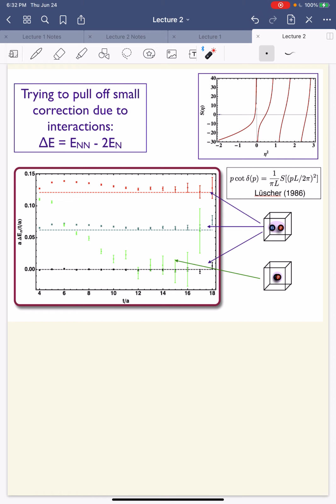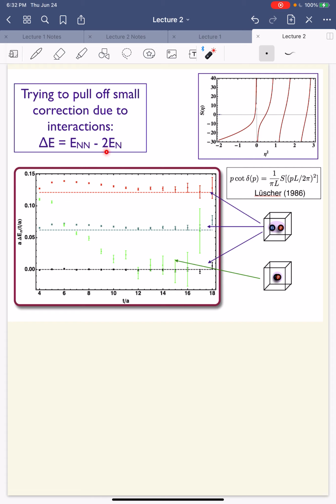And as we hopefully know by now, scattering involves looking at tiny energy differences due to interactions compared to the energies. So the thing that goes into Lüscher's zeta function is delta E, right? This is the thing that tells us about the interaction. It's the energy of the two nucleon system minus twice the energy of the single nucleon system, or rather twice the mass of the nucleon.